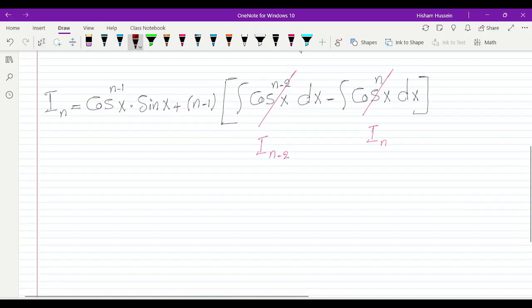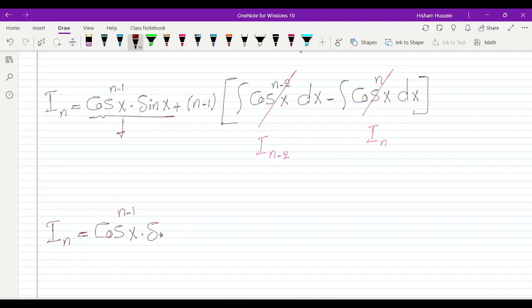How come? I n equals the first term, keep it as it is, cosine to the power n minus 1 x times sine x plus, here n minus 1 can be distributed on I n minus 2, so n minus 1 times I n minus 2 minus n minus 1 multiplied by I n.